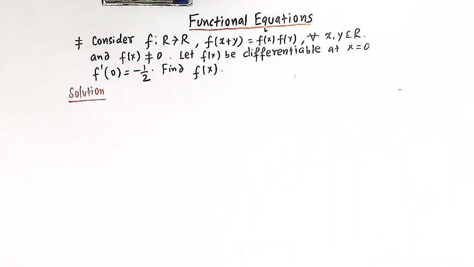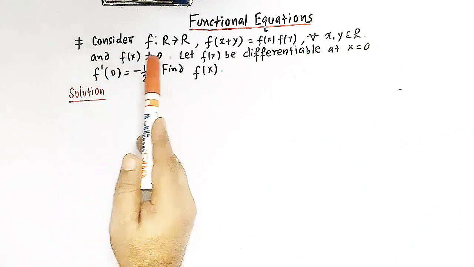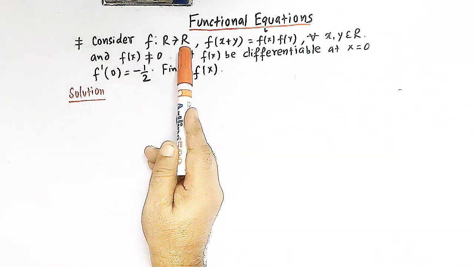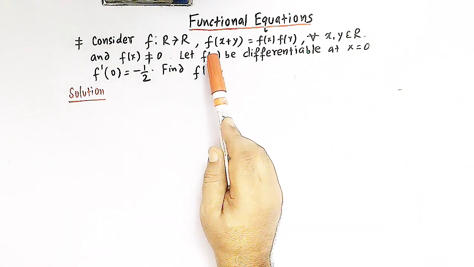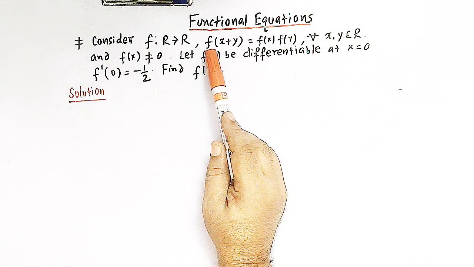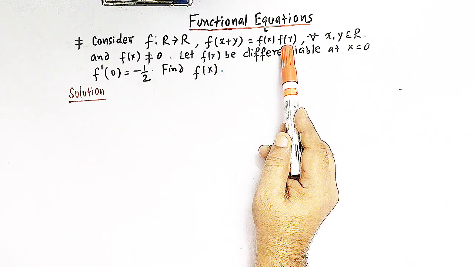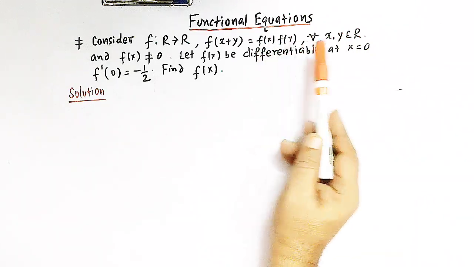Hello viewers, in today's session we are going to discuss another important and conceptual problem from functional equations. Here we are given a function f from R to R, where R is the set of real numbers, and the equation f of x plus y is equal to f of x times f of y, that is the product of f of x and f of y.